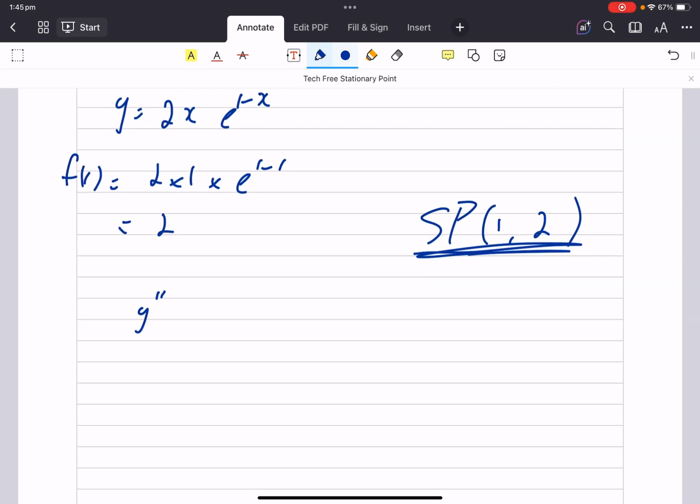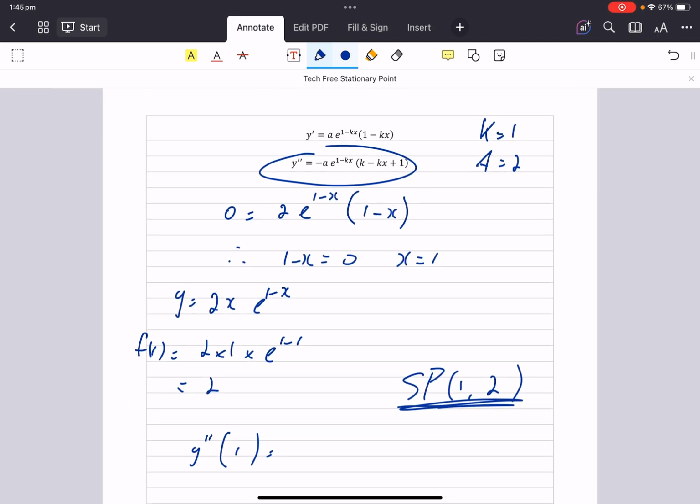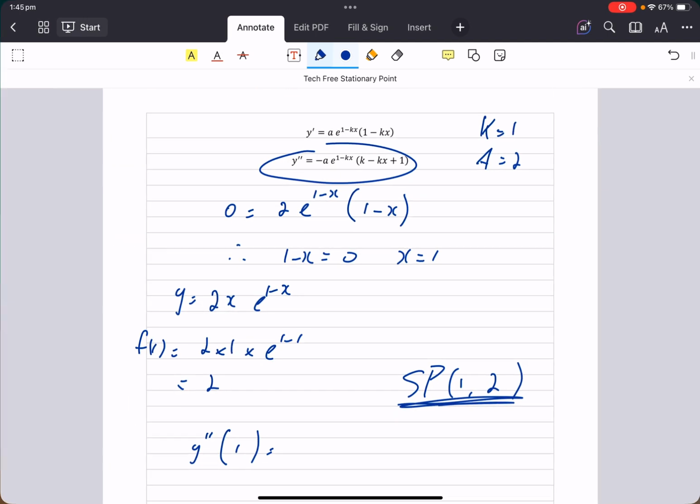So I want the second derivative when x equals 1. Now the second derivative was minus a multiplied by e to the 1 minus x, because k is 1. And then I've got a k, 1 minus 1 plus 1.